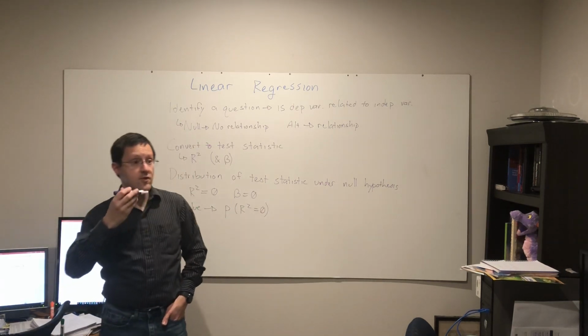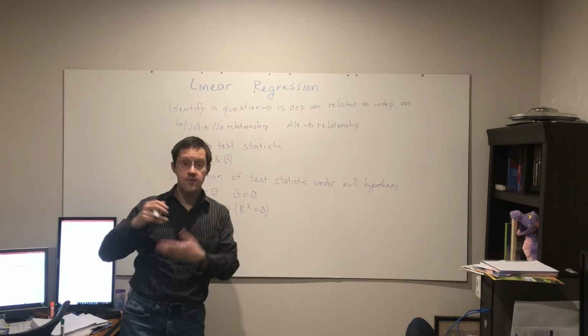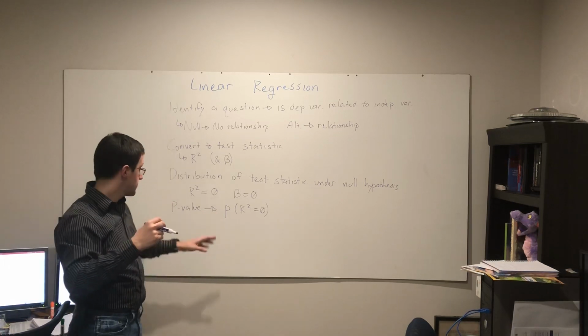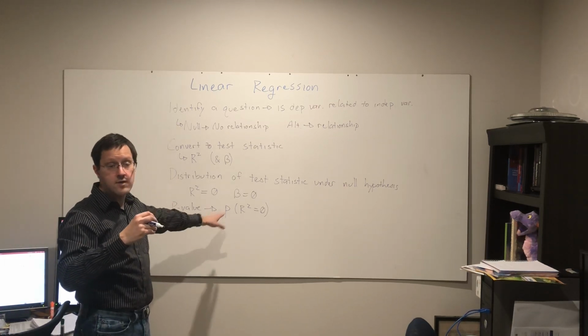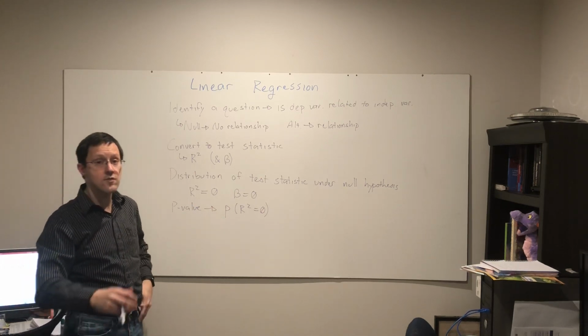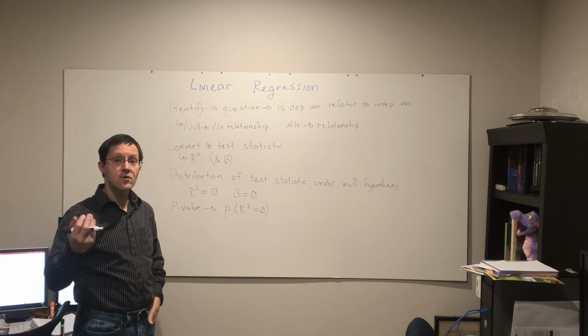We go through, we get our p-value here, probability there isn't a relationship, and however we get it, or whatever threshold we choose, we decide, do I want to take action or not?